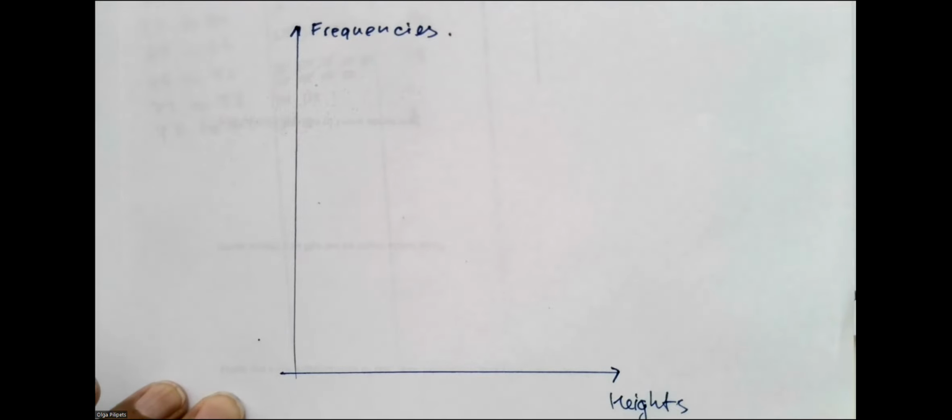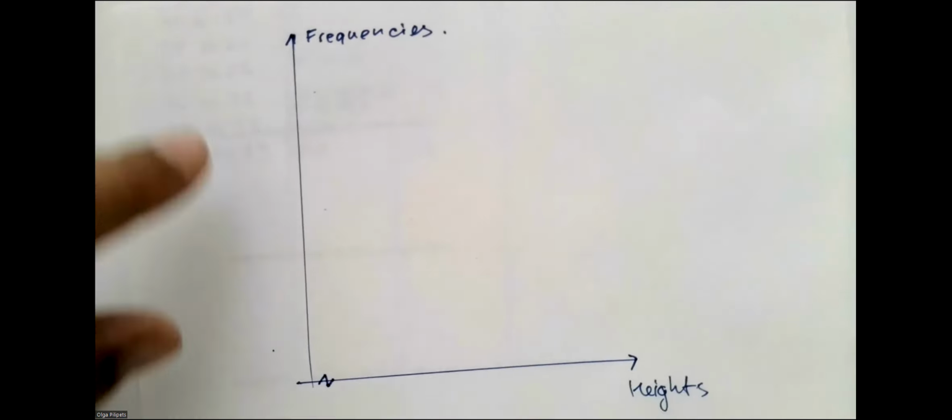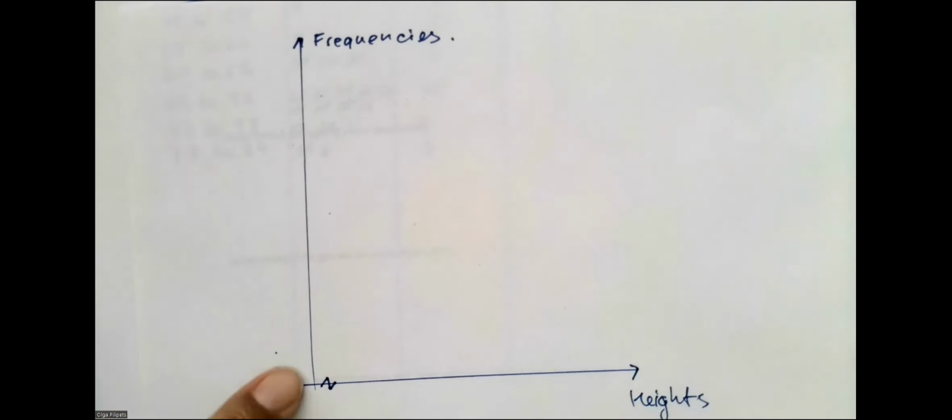I'm going to start with my lower class limit 48, and I can use this symbol to show that part of the number line is taken out.